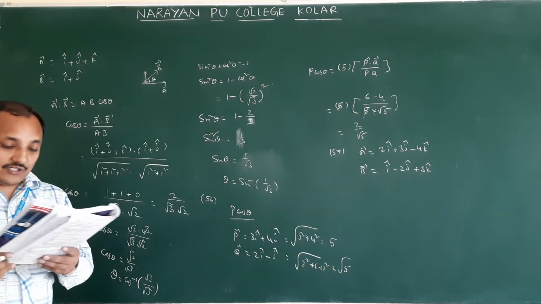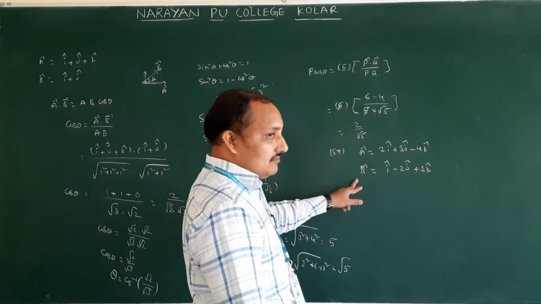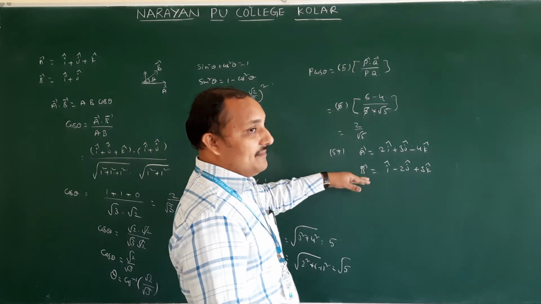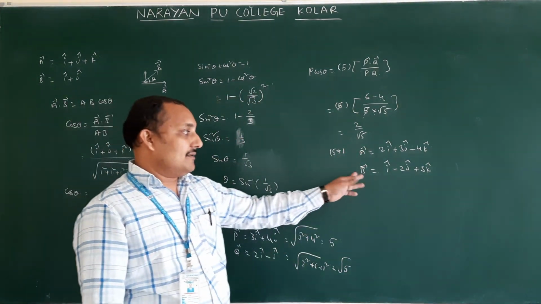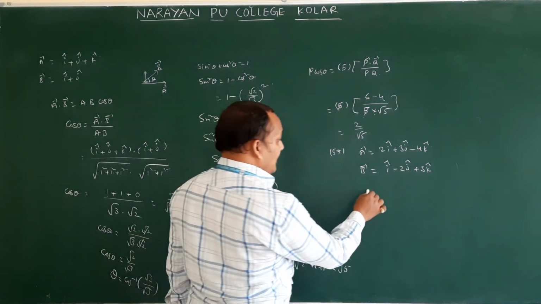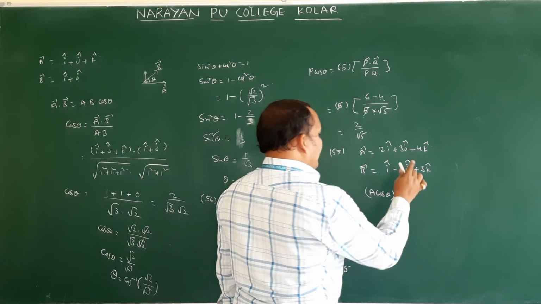So the component of the first vector along the second vector, component of a bar along b bar. This is magnitude. Component means what you have to do? You have to multiply with the second vector. That is nothing but a cos theta into a cap.